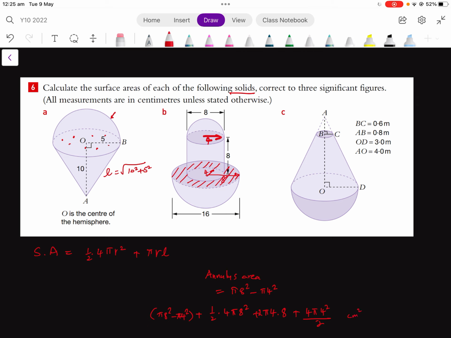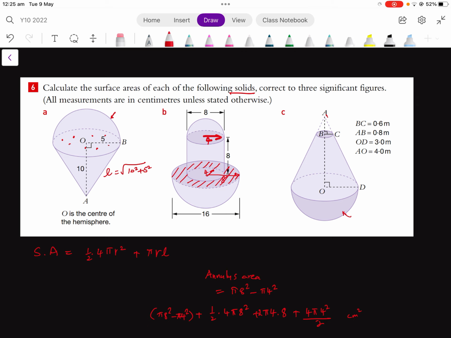Let's look at this one, the surface area of this one. This one is a hemisphere, so I can use this. Now over here, I need to find the surface area of this whole cone and subtract the surface area of this cone, which is drawn in the dotted line here. So I need to find AC and I need to know AD, correct?